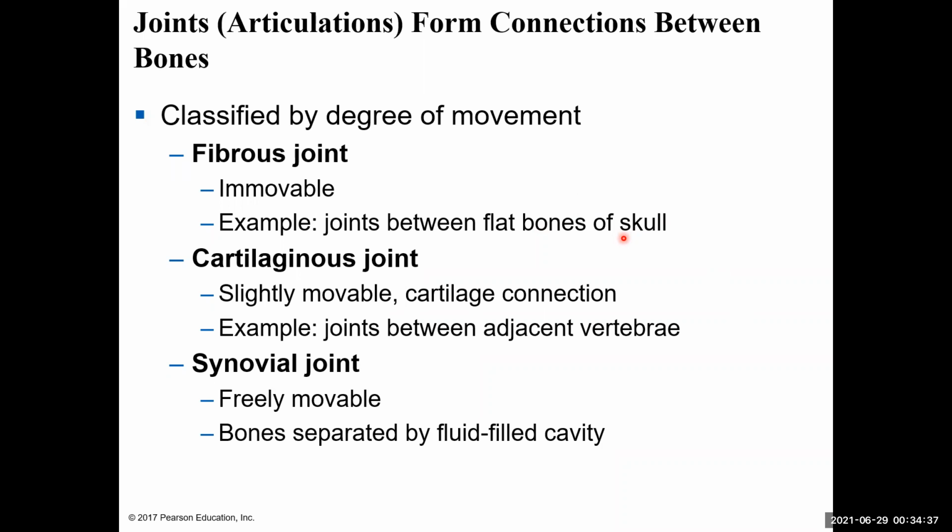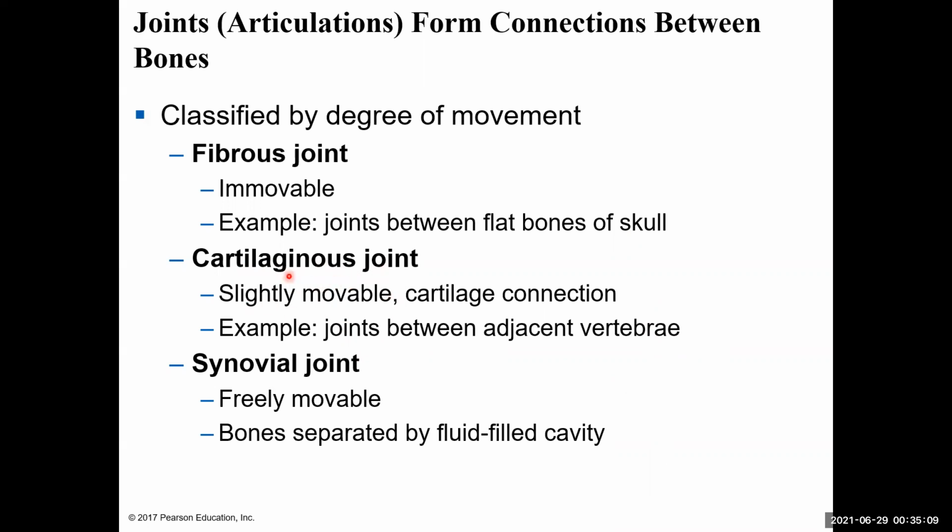And that's because the bones of the skull need to be flexible so that the baby's head can actually go out through the birth canal. If those fibrous joints weren't there, then it would be very difficult for the head of the baby to make it out of the birth canal. And I actually have an image in the next slide just kind of showing what those fibrous joints look like in a fetus.